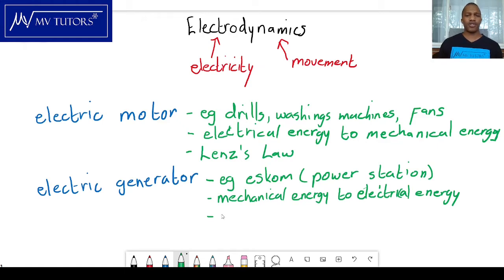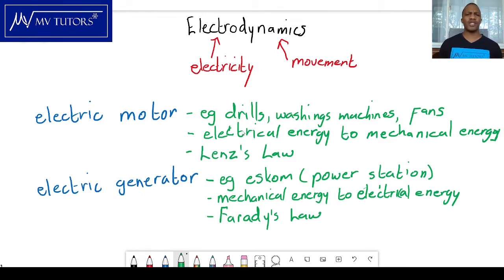But what I want you to know is that electrical generators use Faraday's law. Okay, so electric generators use Faraday's law. Just keep that in mind and know about it.